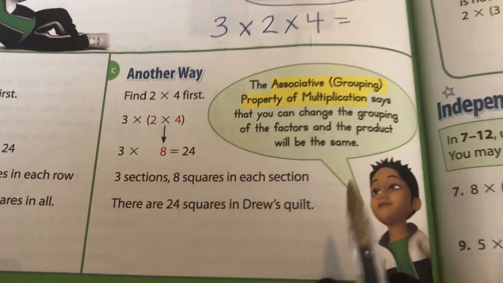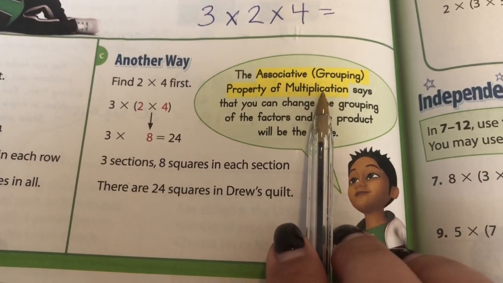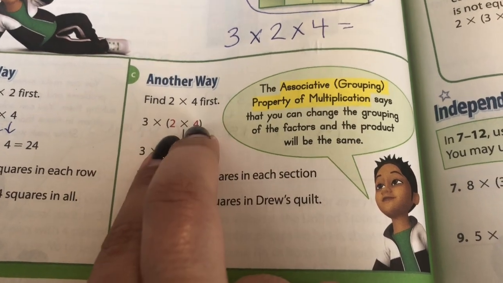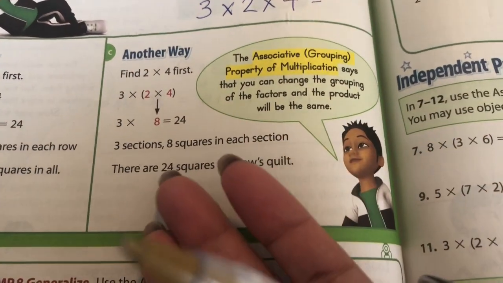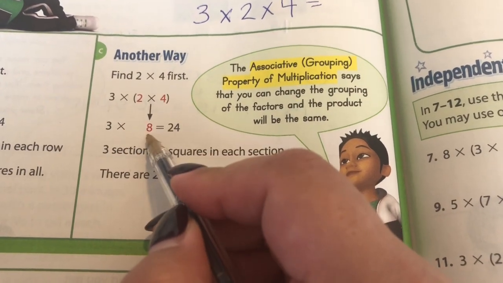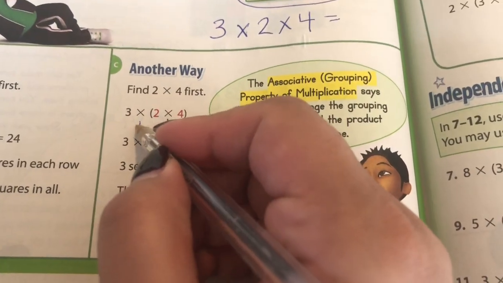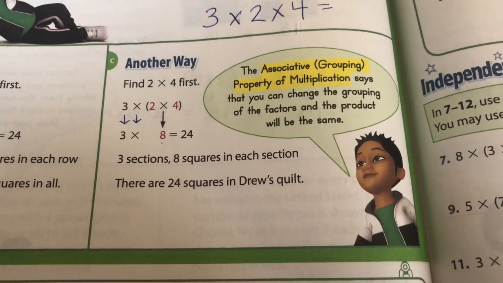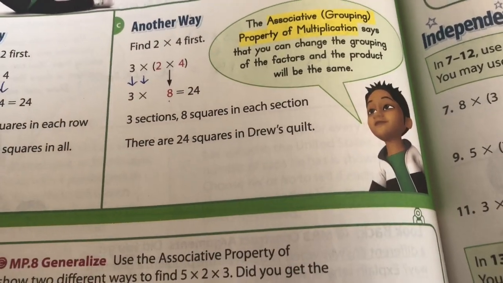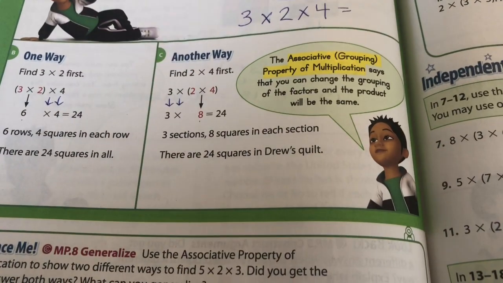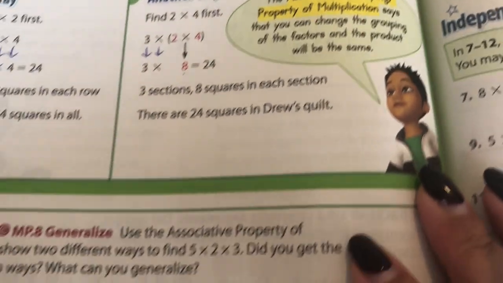Now, because of the associative property of multiplication, it says that you can do this first, or you can do this first. It doesn't matter. You're going to get the same answer. So if we did 2 times 4 first, we're going to get 8. Bring down your multiplication, bring down your 3. Now you have 3 times 8, which also gives you 24. 3 sections, 8 squares in each, and there's 24 in all.